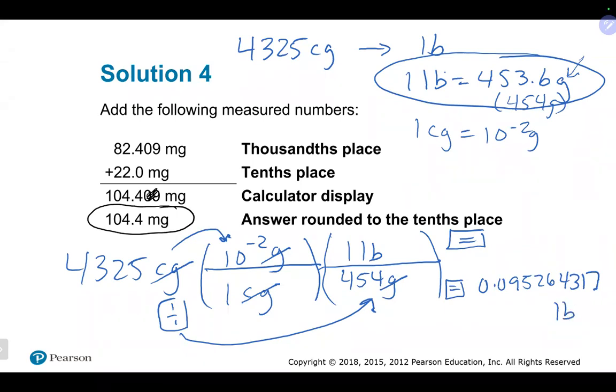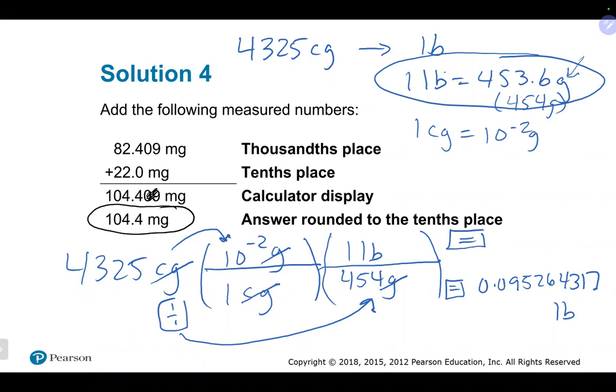That is all the numbers, and I hope you know that you shouldn't write all those numbers. So let's talk a little bit about the exact numbers in a situation like this. Technically speaking, 454 grams to pounds, that is an English to metric conversion we just did, and those are really the conversions that are not considered an exact number. Now, mind you, if you use the 453.6, that actually would be an exact number, but a lot of books don't use that, so they use 454.